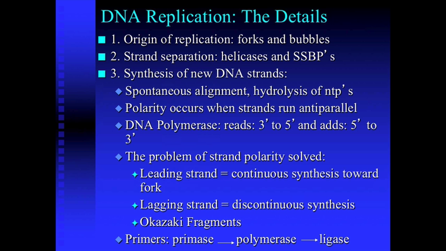In eukaryotic cells, what do you know? When does DNA replication occur? During the S phase of the cell cycle, right? During the S phase, remember, where's the S phase? After G1, just before G2, in the middle of interphase, right? In the middle of interphase, long before we get to mitosis, right?